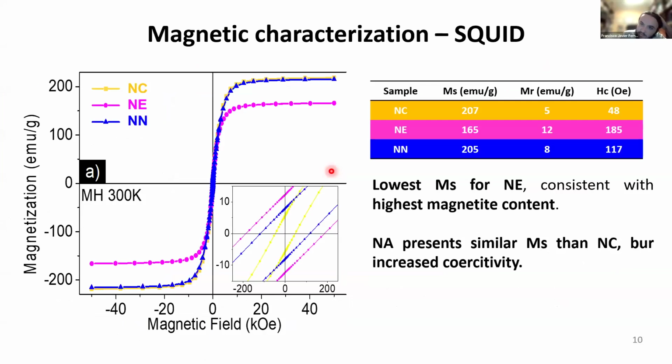We performed some magnetic characterization, and we can see how the two samples that were almost completely reduced, the nanocubes and the nanoneedles, have saturation magnetization higher than 200 emu per gram. However, the nanoellipses sample has a lower saturation magnetization, about 165 emu per gram, and the remanence and coercivity of this sample are also a bit higher than for the rest.